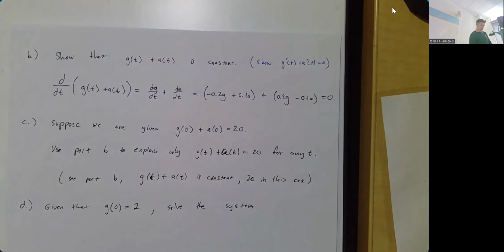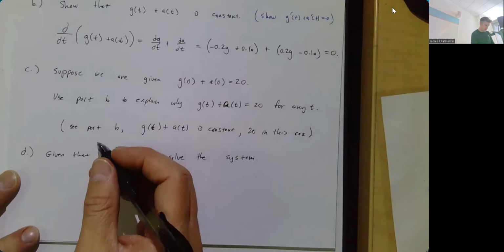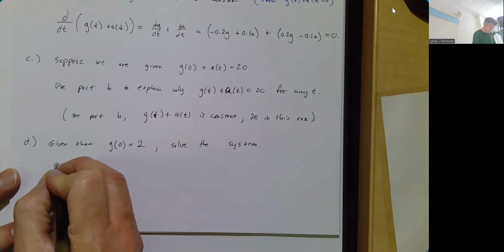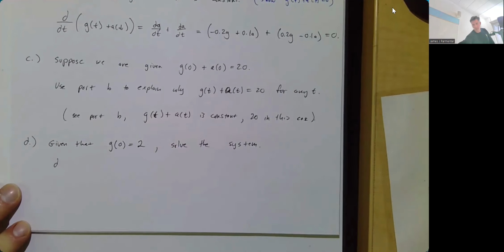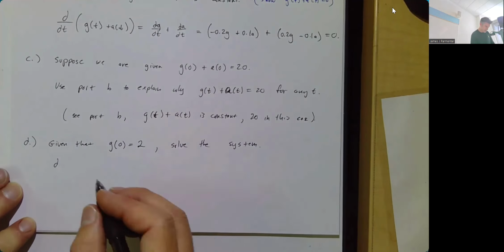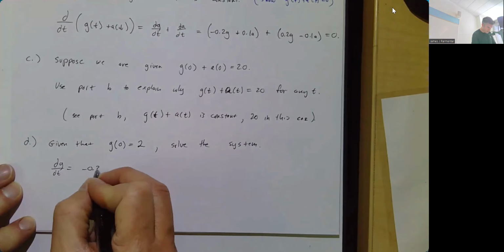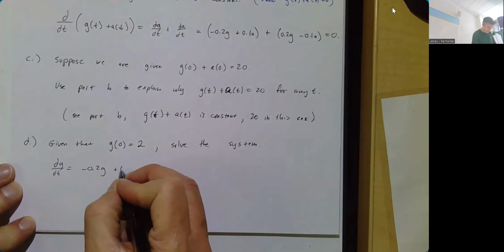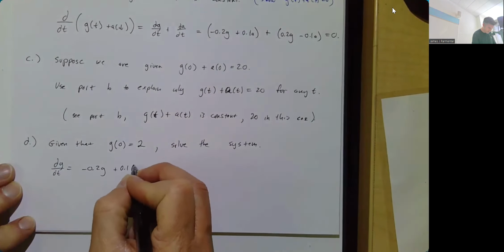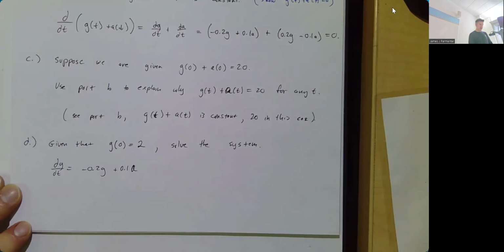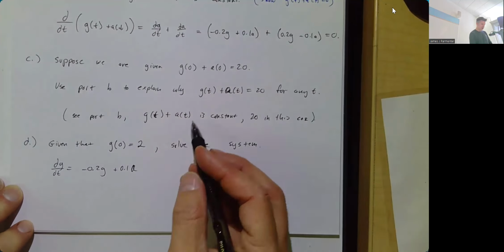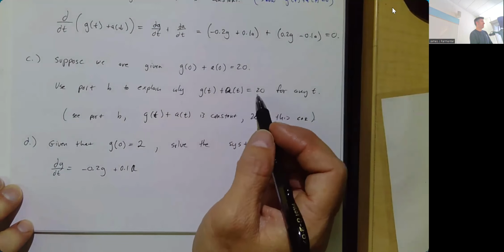We can write our differential equations. dg/dt equals negative 0.2 g plus 0.1 times a. We could replace a: a of t is equal to 20 minus g of t.